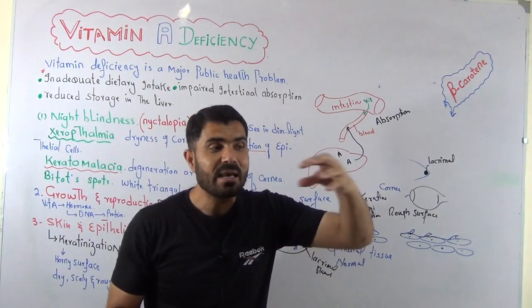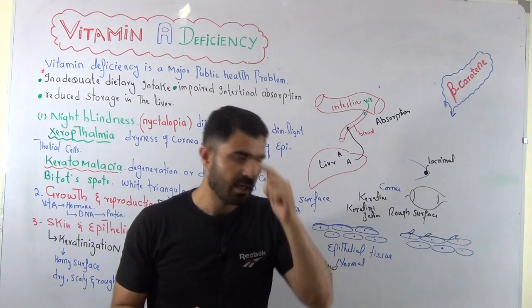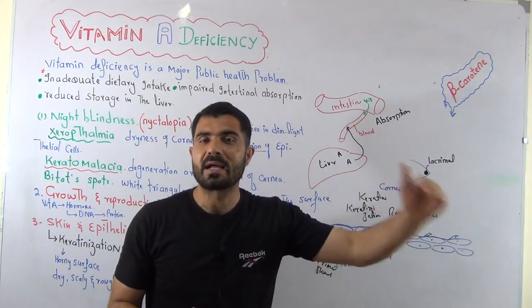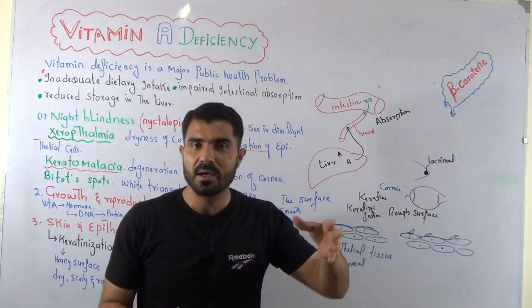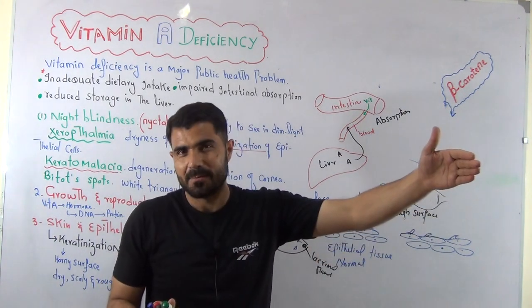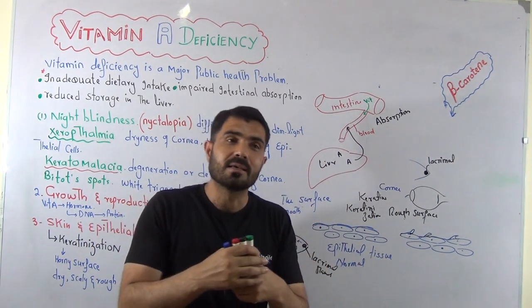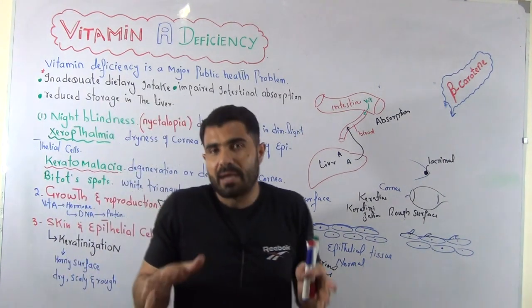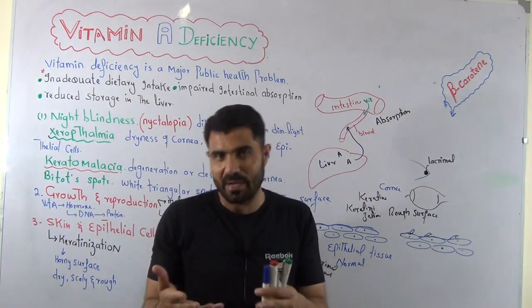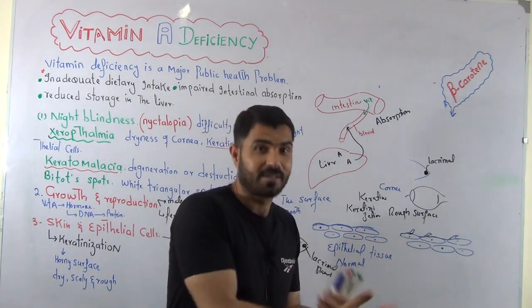When female mice were made vitamin A deficient, pregnancy was seen in the beginning, but no maintenance was there. Means if an animal is made vitamin A deficient, that animal can become pregnant, but it cannot maintain its pregnancy for a long time.